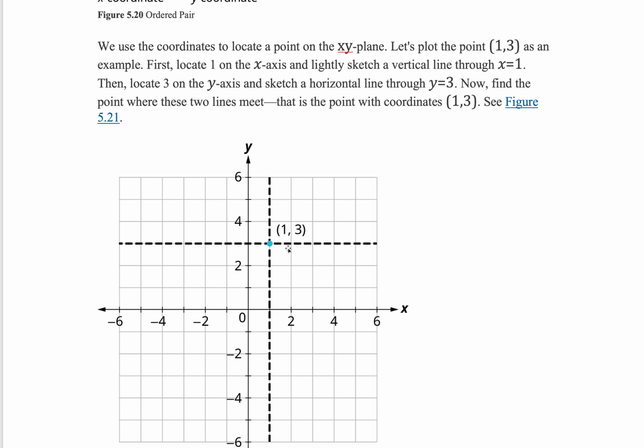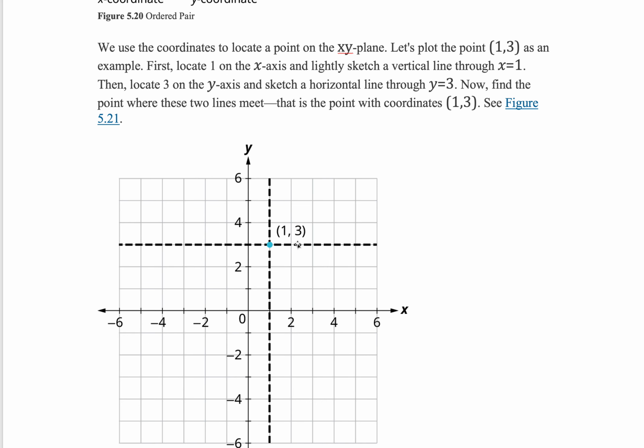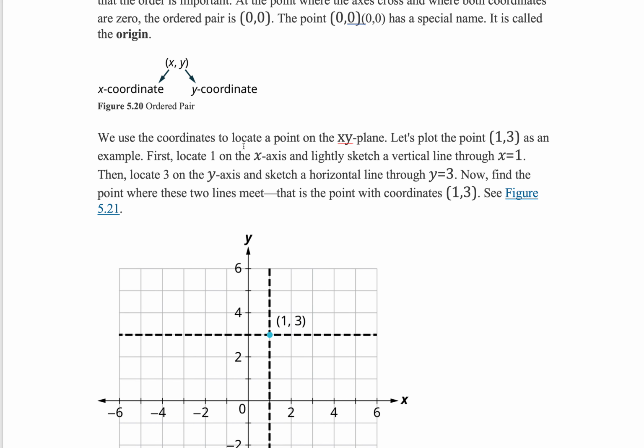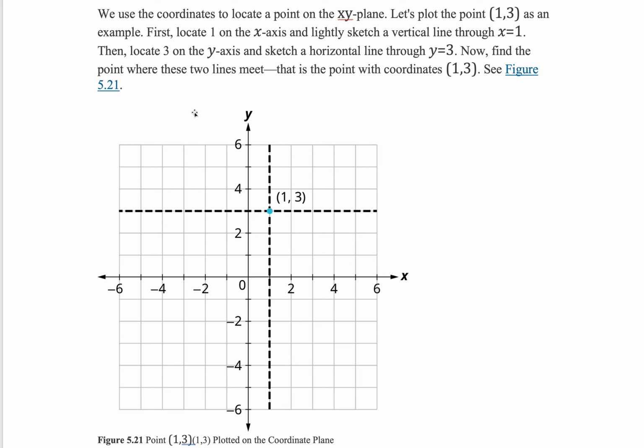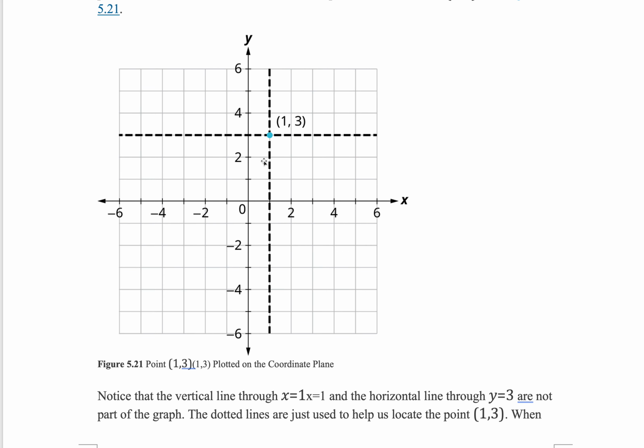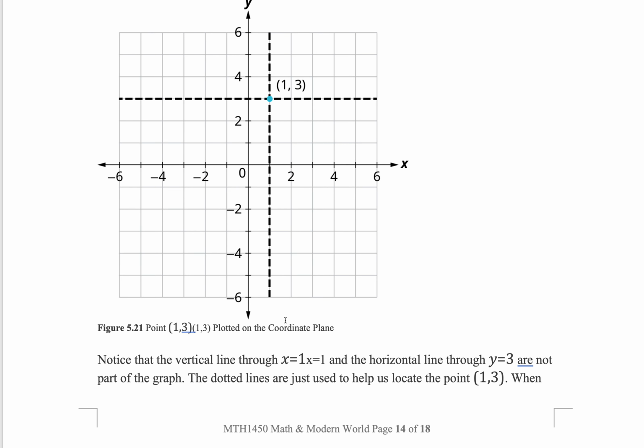By the way, those dotted lines are not a part of the graph. They simply indicate how we find the x coordinate 1 and the y coordinate 3. In the ordered pair, the first coordinate is called the x coordinate. The second component of the ordered pair is the y coordinate. A single point is an ordered pair, and an ordered pair is a point in the xy plane.